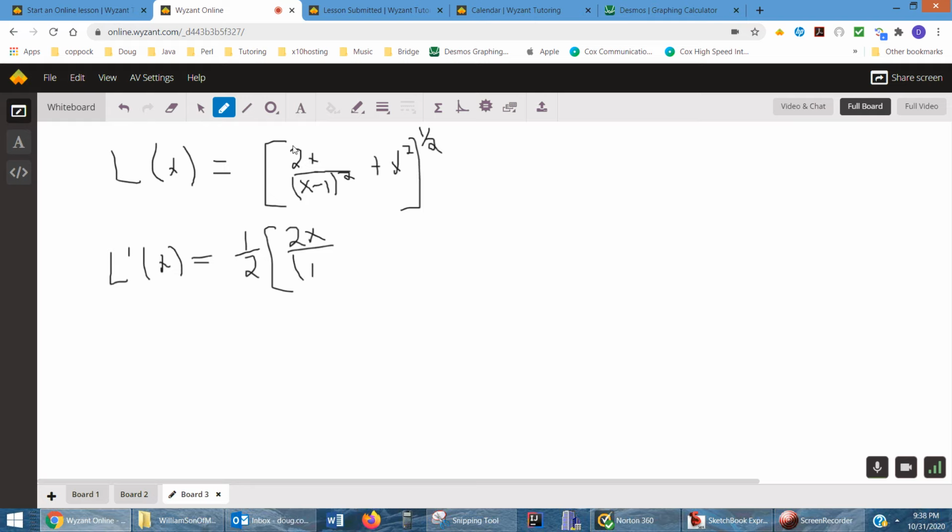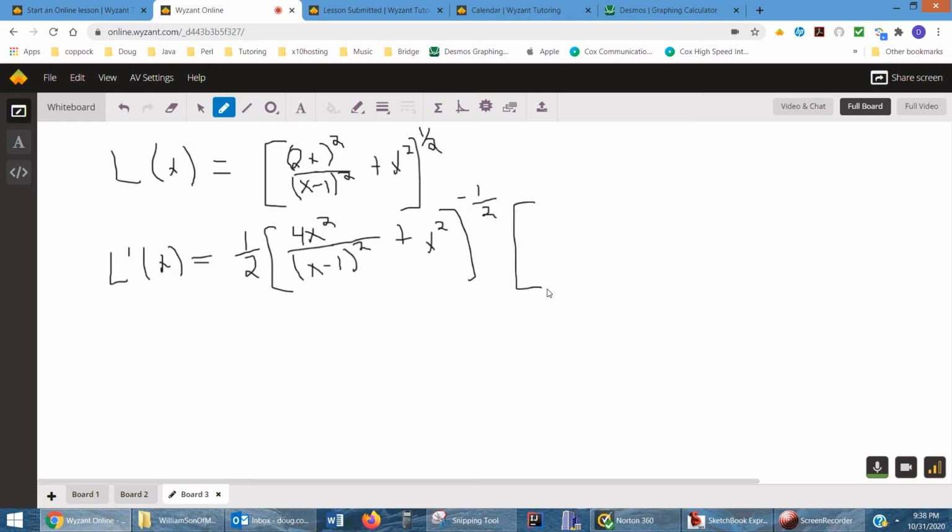Whoops, this should be the whole thing squared, sorry. So I can replace that with 4x squared over x minus 1, the quantity squared, plus x squared, that's what's inside the radical. That all goes to the 1/2 power, reduced by 1, so negative 1/2.